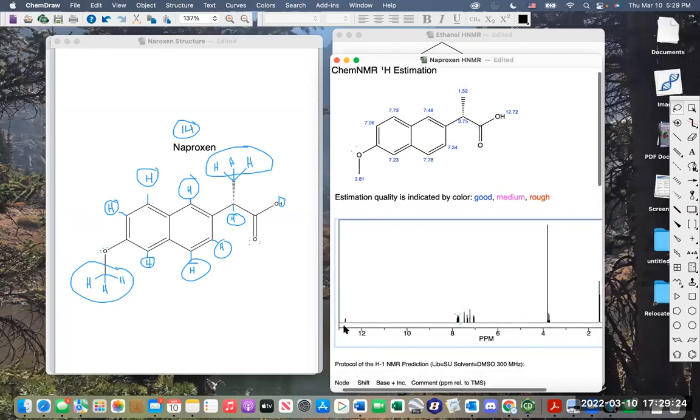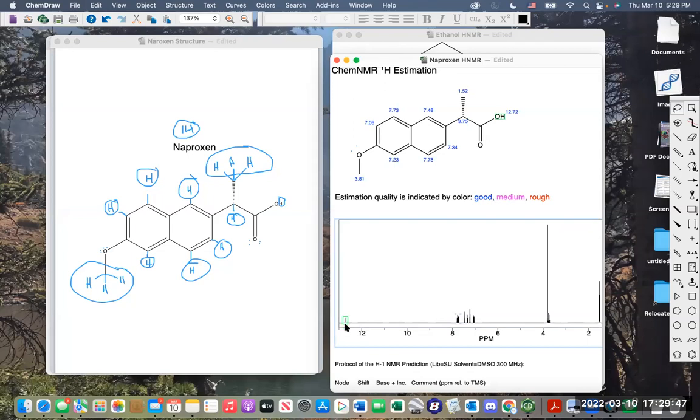So starting down here at approximately 12.5 to 12.7, we can see this singlet, which can only represent this particular hydrogen connected to the oxygen on that hydroxy group, which is part of the carboxylic acid that we see right here.